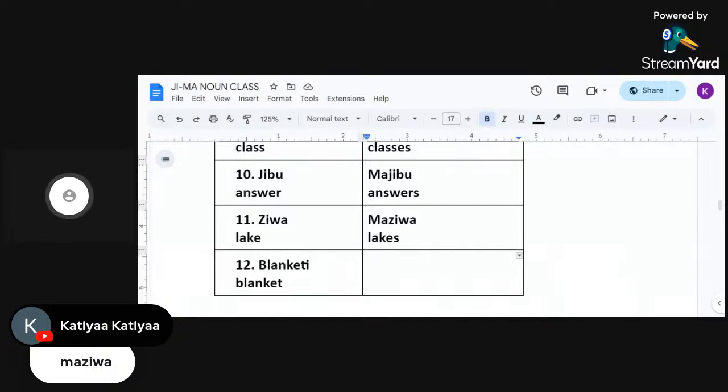Mablanketi, ndiyo, sawa. These are the blankets.